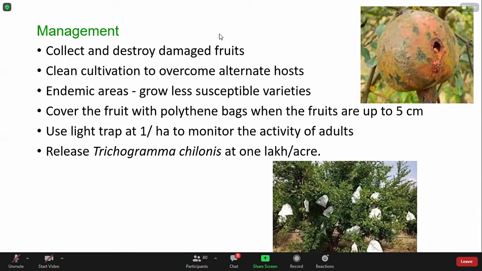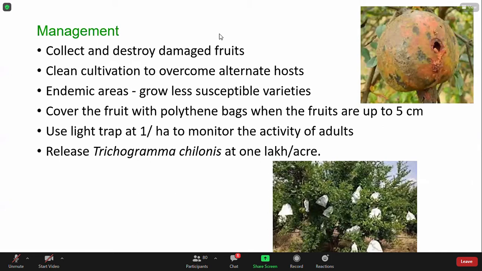And let's see how we can manage this pest. Collect and destroy damaged fruit, as I mentioned earlier. Clean cultivation to overcome alternate host. So removal of alternate host is very important. Endemic areas, it means the frequent reporting of disease.